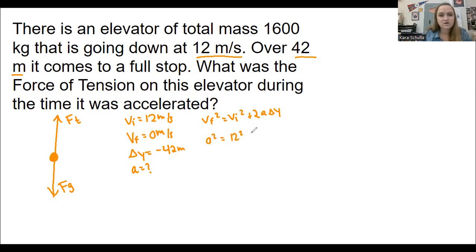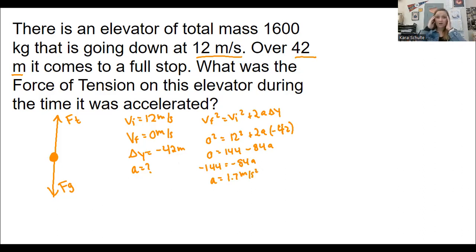0 equals 12 squared plus 2a times negative 42. So this gives me 0 equals 144 minus 84a. I'm going to move the 144 to the other side, which gives me, this is a 42, that's really hard to read, sorry, an acceleration of 1.71 meters per second squared, which you need to check with yourself.